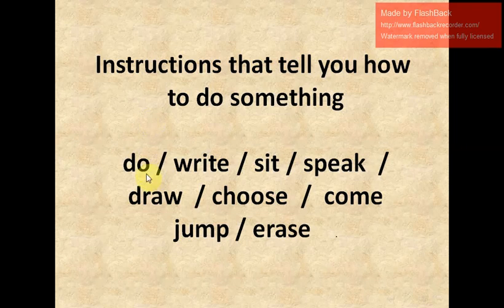Like when I tell you, for example, do your homework, write neatly, sit properly, speak nicely, draw a flower, choose the right answer, come to school early. All these are instructions. They are also like commands. So this is what you will be learning how to write today, to give someone instructions about how to do something.